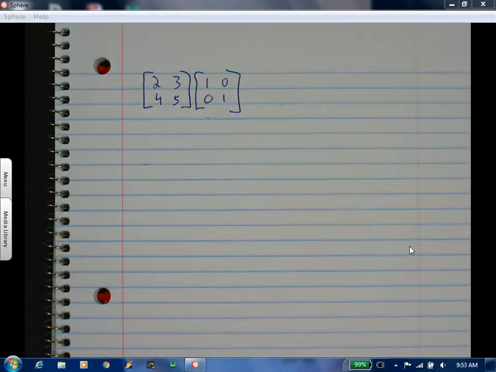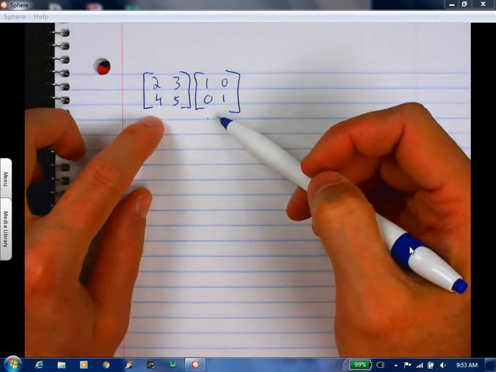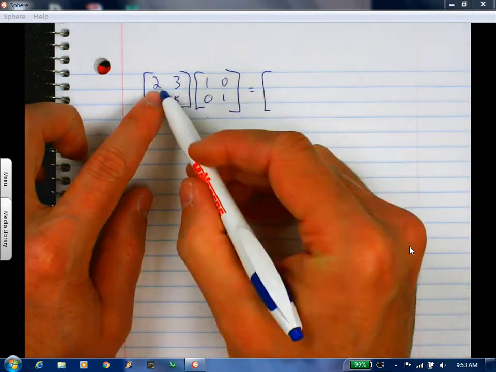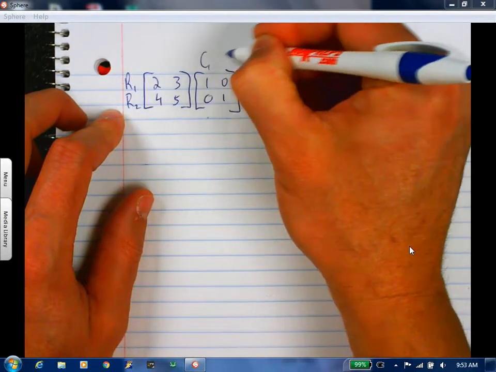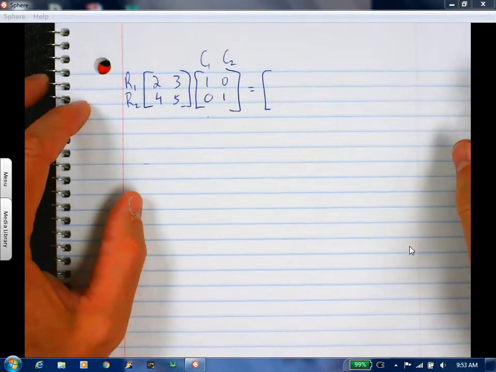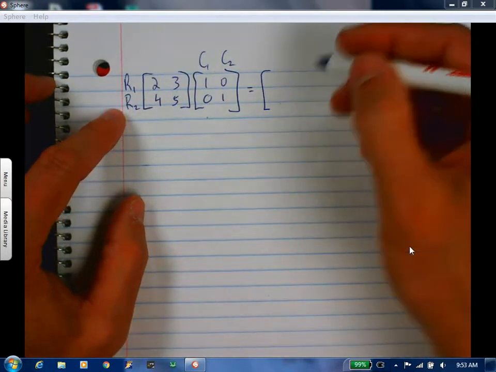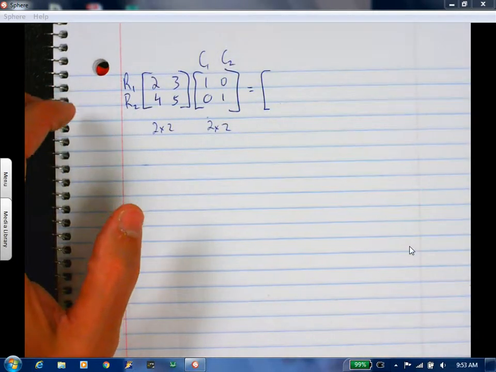No. Oh, multiplication. Matrix multiplication, you can't just go spot to spot. So remember, we have 2 rows, 2 columns. Good review for the matrix multiplication. So a 2 by 2 times a 2 by 2, our answer will be a 2 by 2.